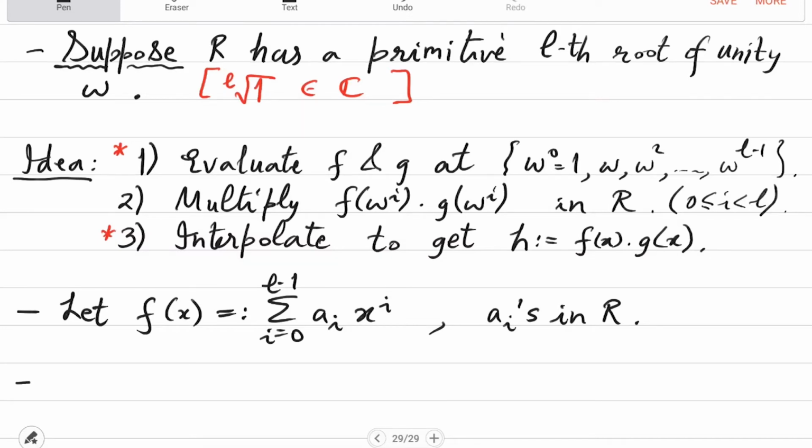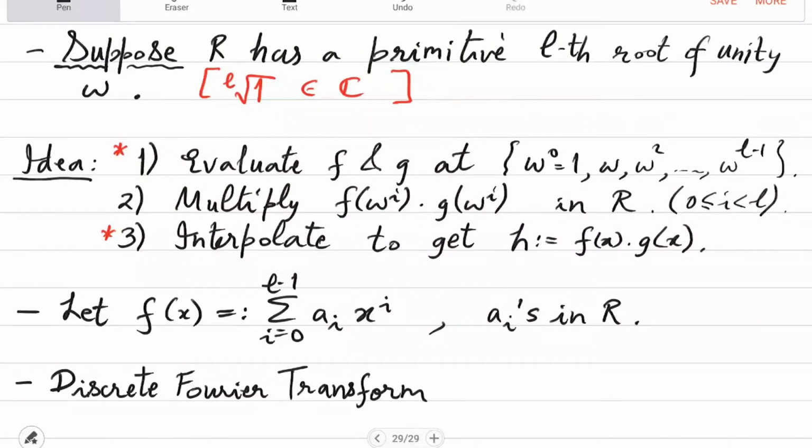So this evaluation step, in the literature it is called discrete Fourier transform. The discrete Fourier transform is just a longer name for evaluation at roots of unity. So we'll call it DFT omega.